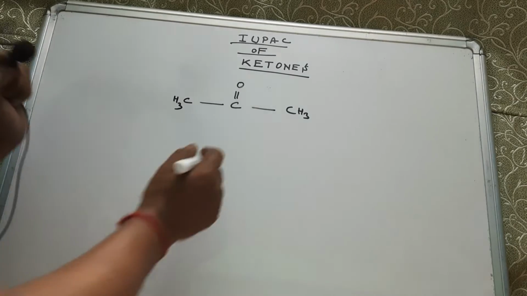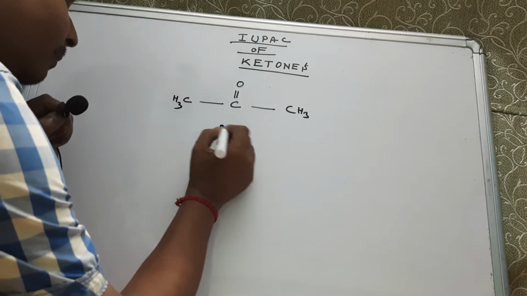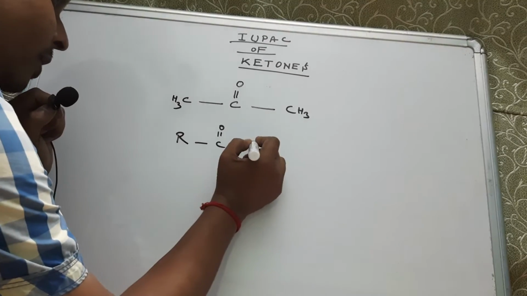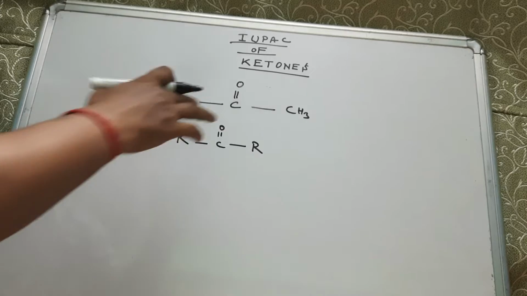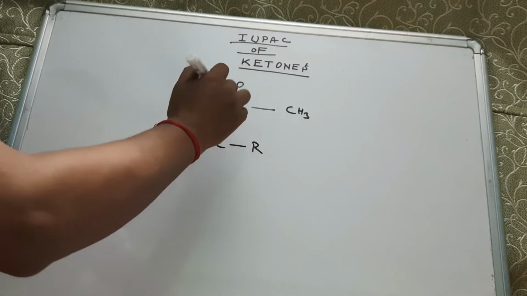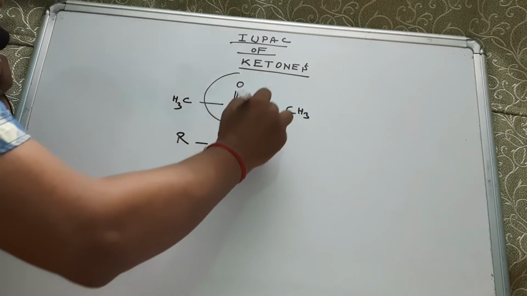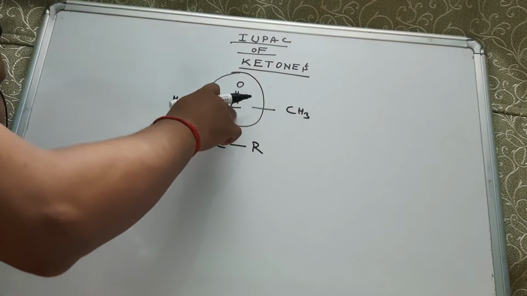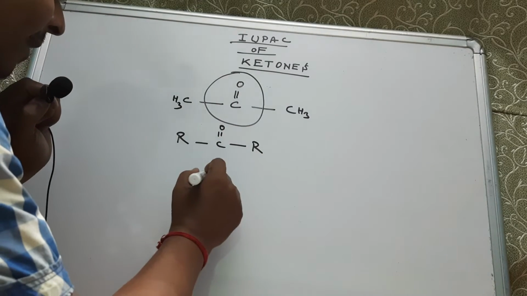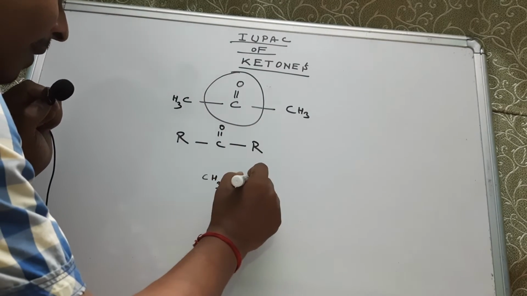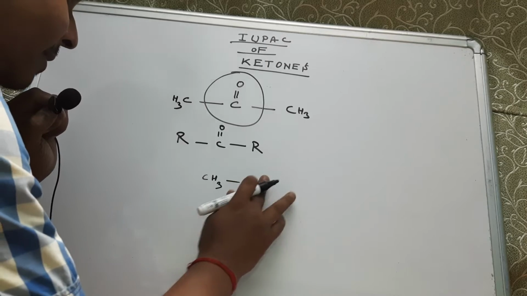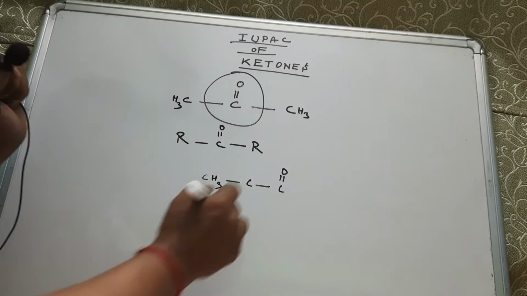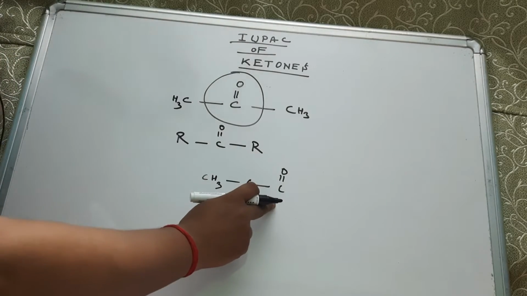So here it is the keto group, and the two sides should be attached with an alkyl group. And as the total number of carbon atoms is 3, that keto group should be present in the middle. If it is present on any of the sides, then the total number of carbon atoms is 3 and it is fulfilled.